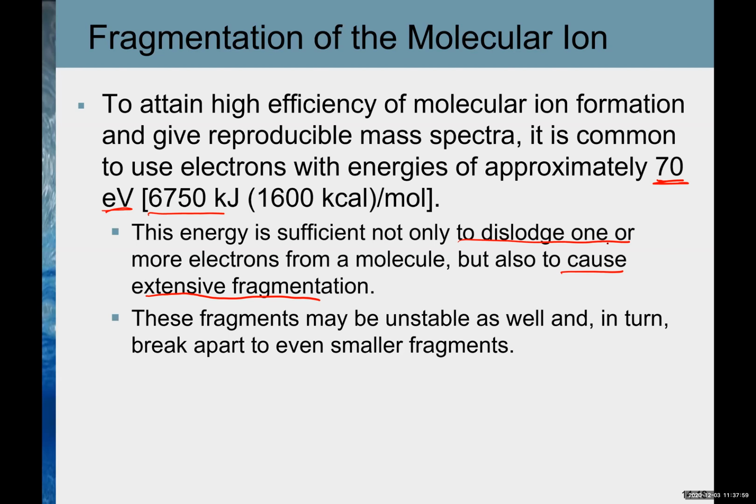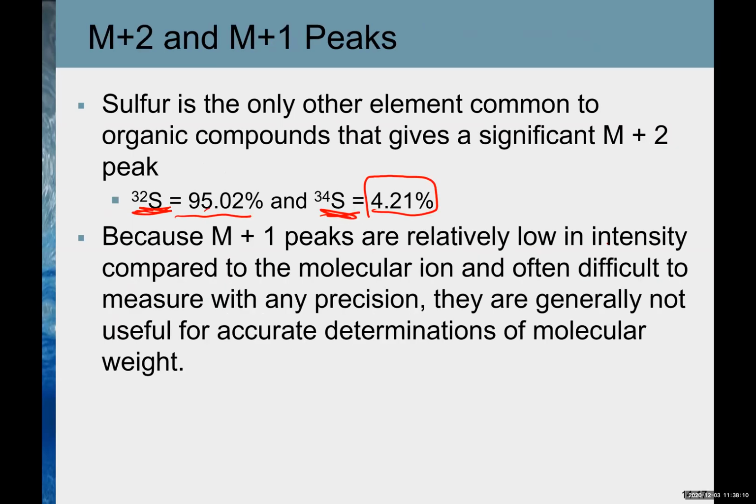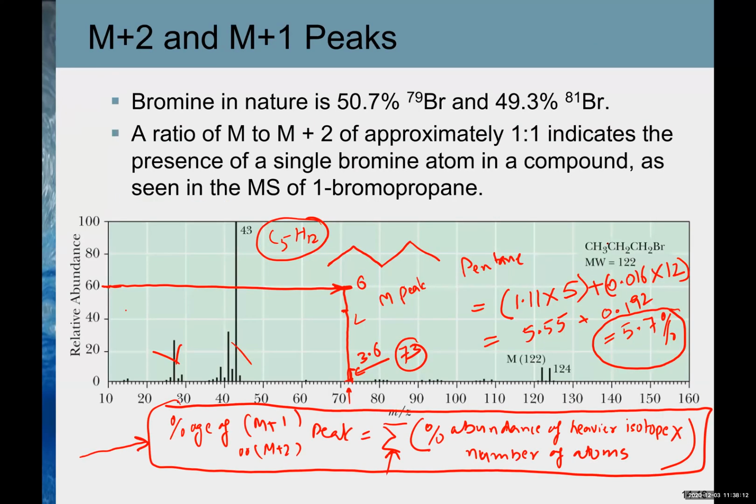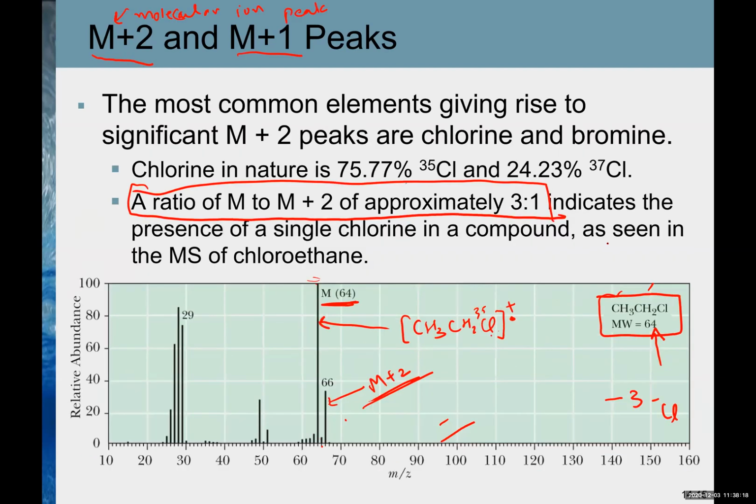These fragments, like I mentioned, are not stable, but they are stable enough to reach the detector. As long as they can reach the detector, we will get a signal, and we do get signals, because you can see we have a bunch of lines, and all those lines mean that there is some kind of fragment. For example, in this case, we are getting one fragment at 29. So whatever that fragment is, its mass is 29.